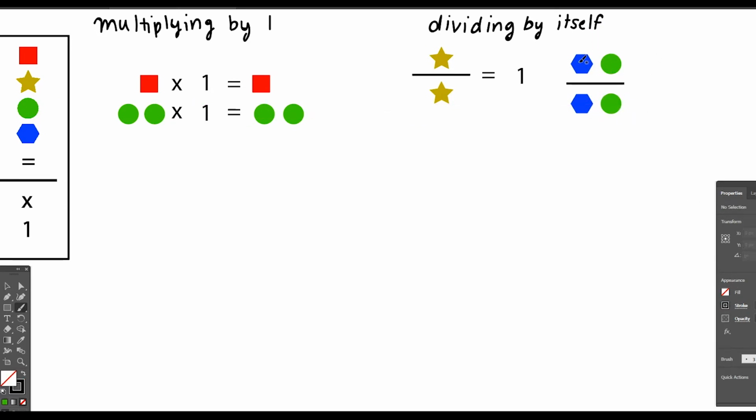So when we look at our blue hexagon and our green circle, we can see that we can just cross out both of them. And what we should be left with is equal to just a 1.